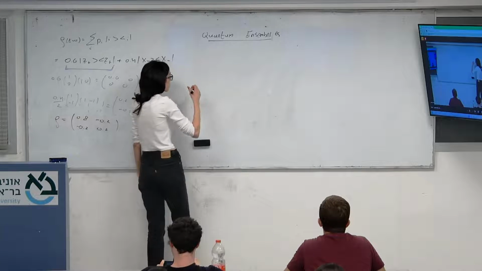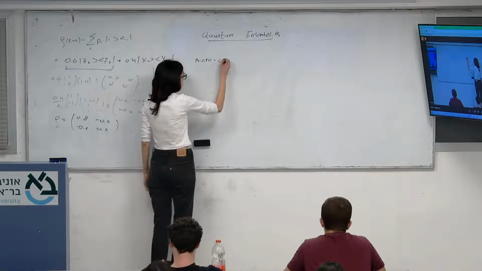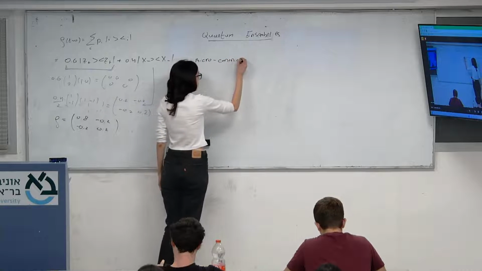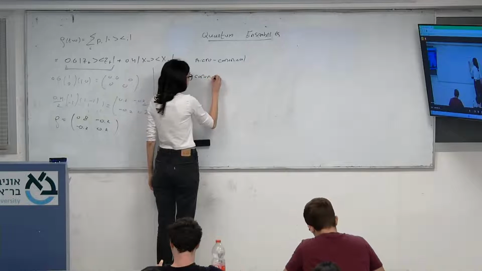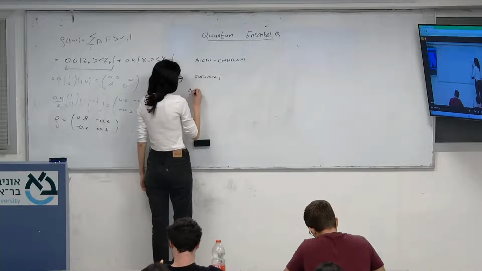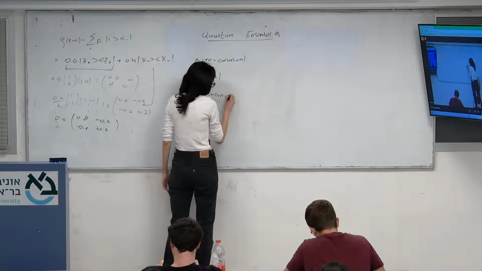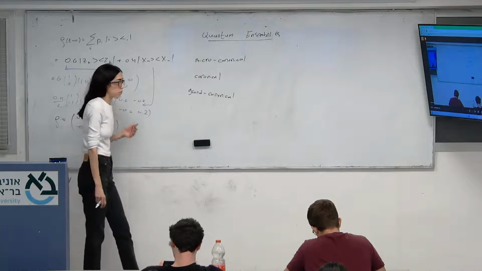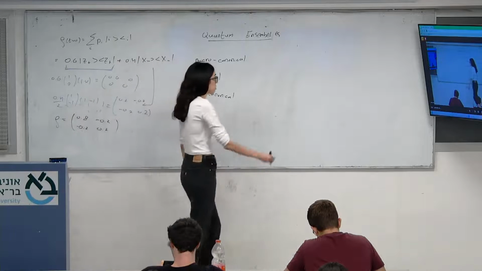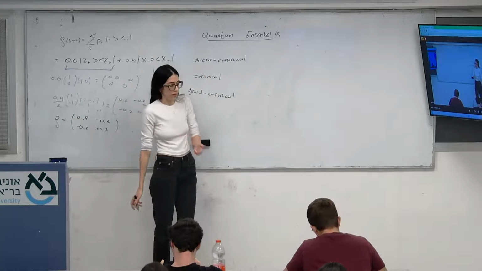So we have the microcanonical, the canonical, and the grand canonical. In the microcanonical, we have fixed energy, fixed volume, and fixed number of particles.